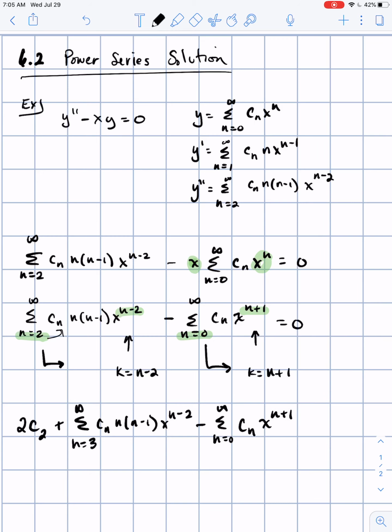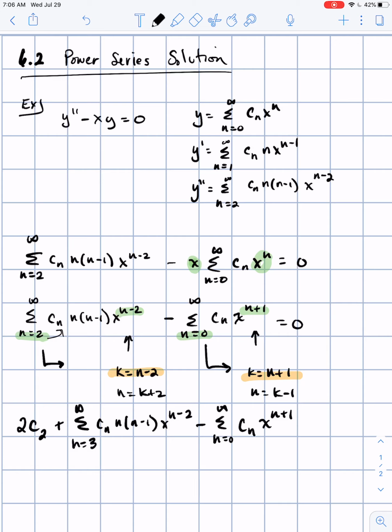Okay, now still using these two values, we can get n equal to k plus 2 in the first one, and n equal to k minus 1 in the second one. So now I'm just going to replace everywhere I see an n with that k plus 2.